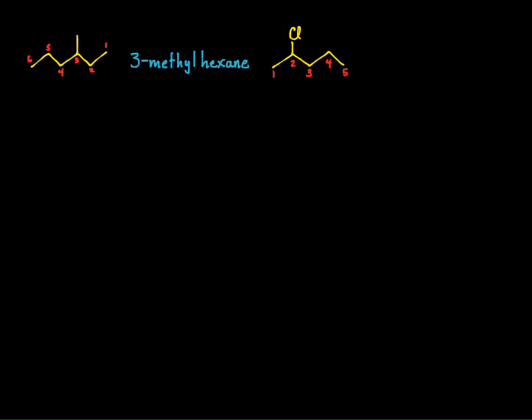An easier IUPAC name is, again, to use as the base name the longest continuous carbon chain. So I have 1, 2, 3, 4, 5. The chlorine is on the 2nd carbon, and I'm going to name that chlorine as a substituent, a chloro substituent. So it's 2-chloropentane.